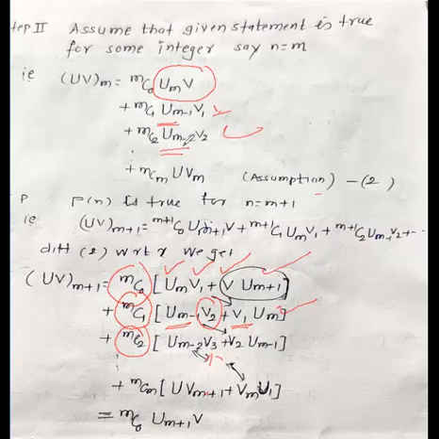Increase this value by 1: u suffix m minus 2 plus 1. Minus 2 plus 1 means minus 1. So we get um minus 1.